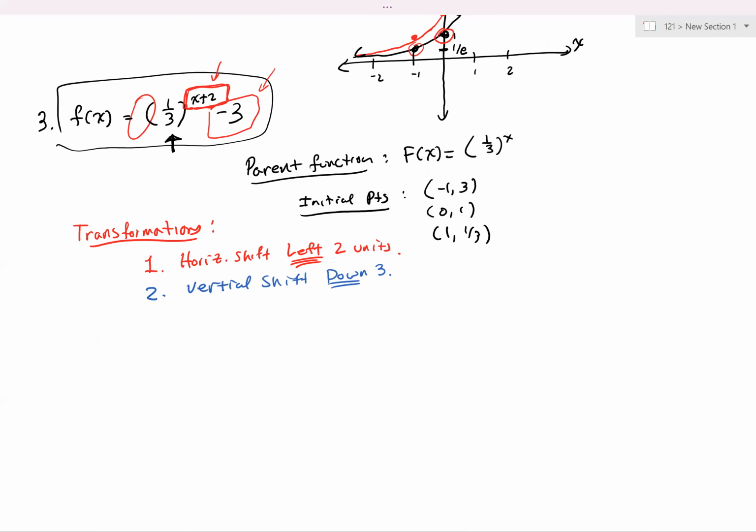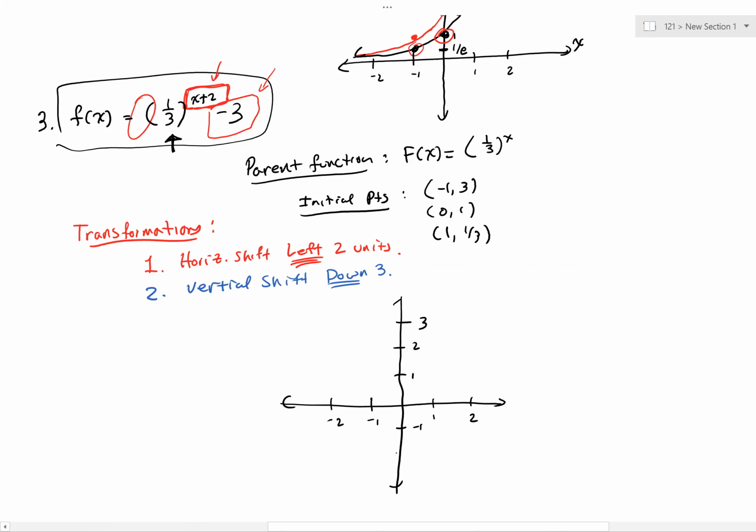So let's start with our base function, which I'll graph in the ordinary color here. Now I'm shifting it down, right? So I'm going to go back.